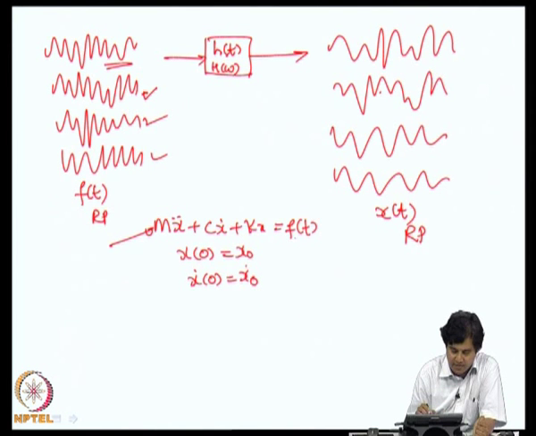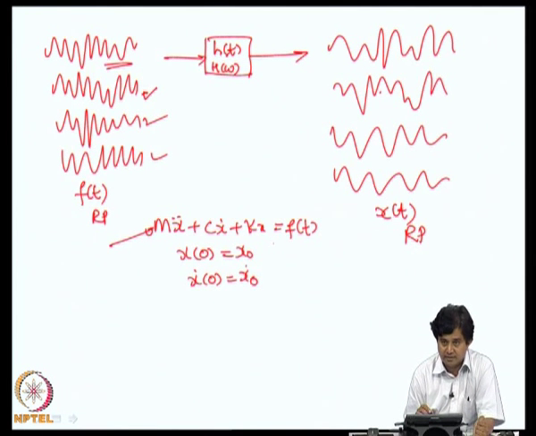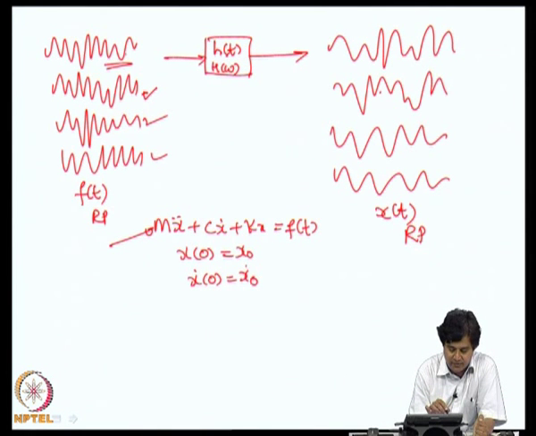So, this represents a family of differential equations. In a brute force analysis, we can take a sample of f of t and get a corresponding sample of x of t. So, if the problem is to understand, given f of t, how to find x of t, it can be envisaged as a large collection of deterministic analyses.